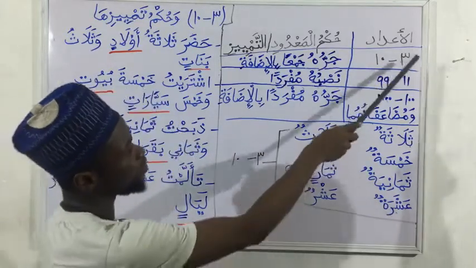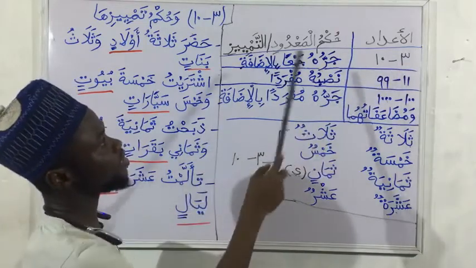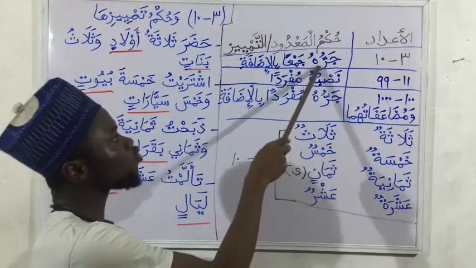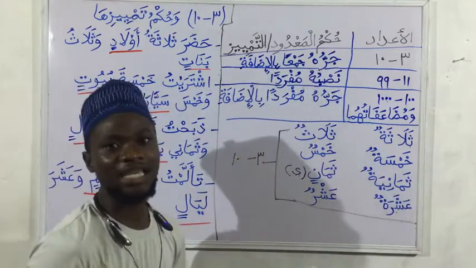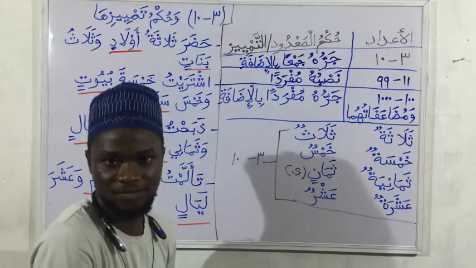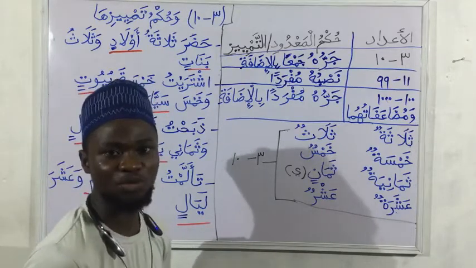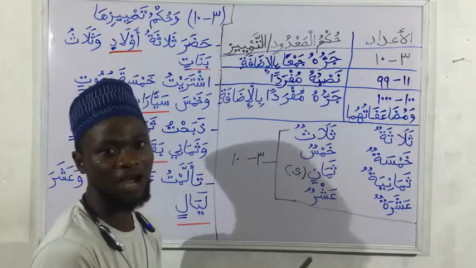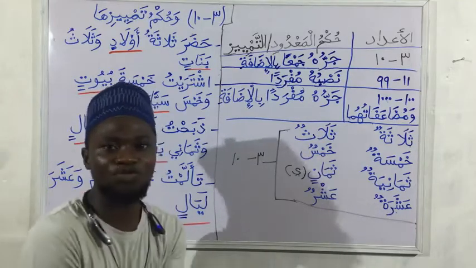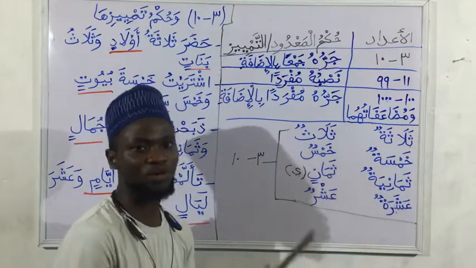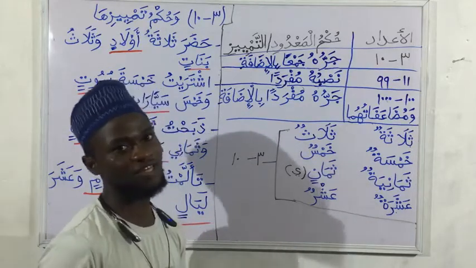From 3 to 10, the ruling for the ma'dud or the tamyiz is that it is majrur by idafa. It is going to be in jarr state. That's number 1. The adad will be the mudaf, and the ma'dud, what you are counting, will be the mudaf ilayhi.